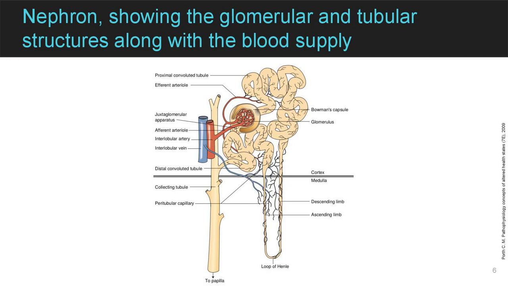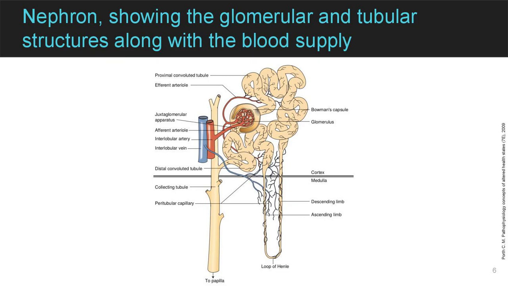This structure is very important because to understand how nephrons produce urine, we have to know the main function of different components of nephron.